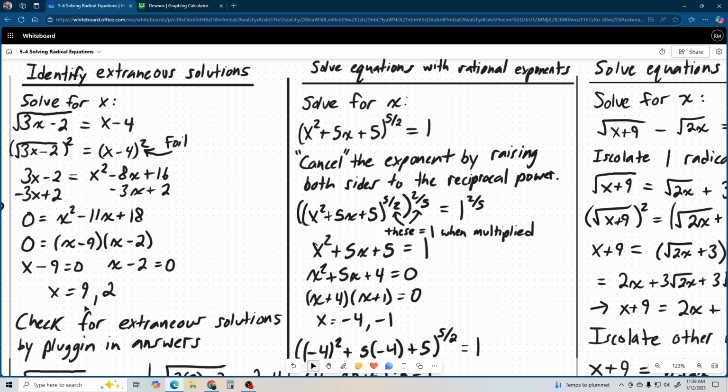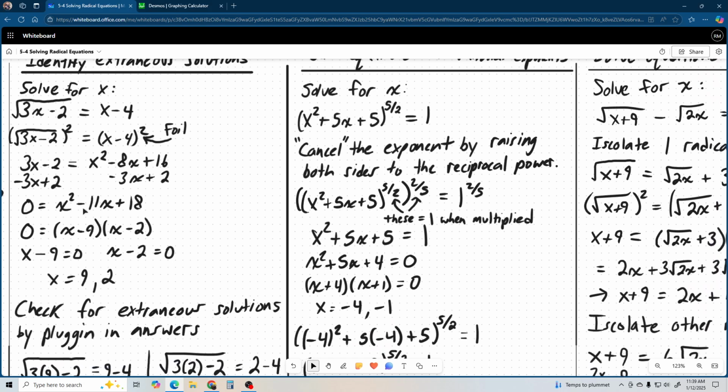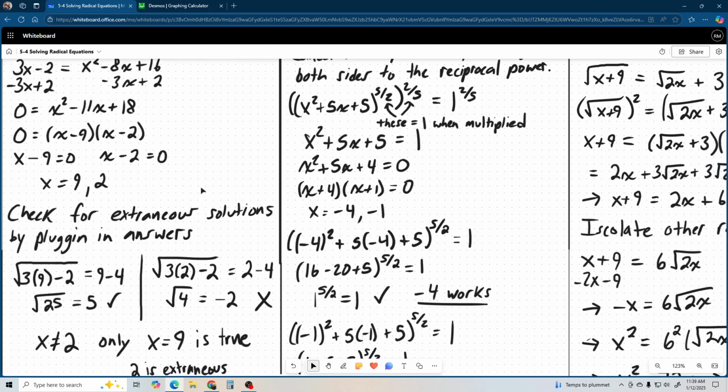Okay, so all we did is the algebra from the little bit of algebra we learned today, combined with a lot of the algebra that we learned in Unit 2 and 3 for the most part. So we're going to use it all year. So now we're going to take these answers, 9 and 2, and we're going to check for extraneous solutions.